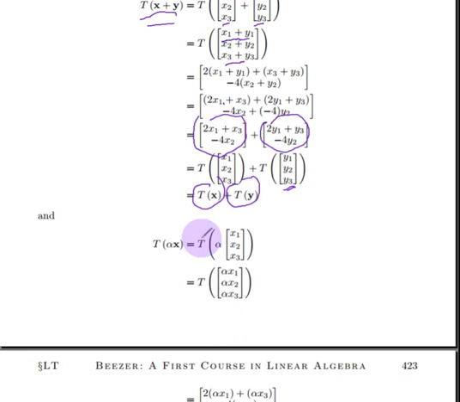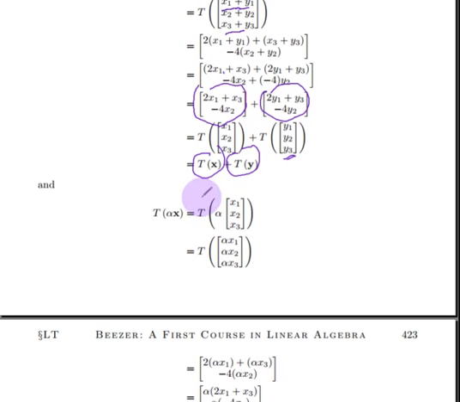If we do linearity of scalar multiplication, let's apply the same rule. T of alpha x means we take T of this scalar multiple times the vector. Scalar multiple times the vector means I can multiply each component by that scalar multiple. Then I apply the rule.